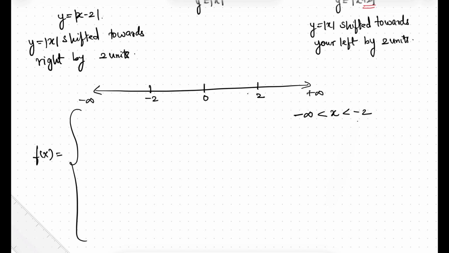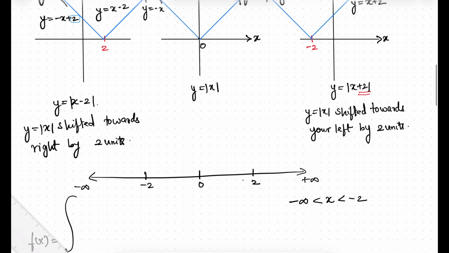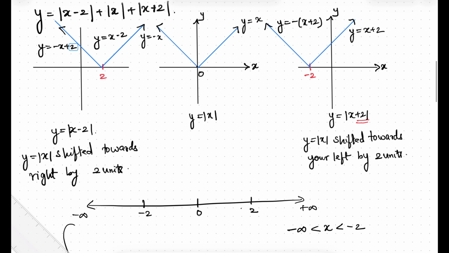So minus 2 is somewhere over here, and it is over here, and in this function it is over here. So for minus 2, all the three graphs are showing the left side of the V part. So you will be writing the negative portion of the functions for all the three functions.